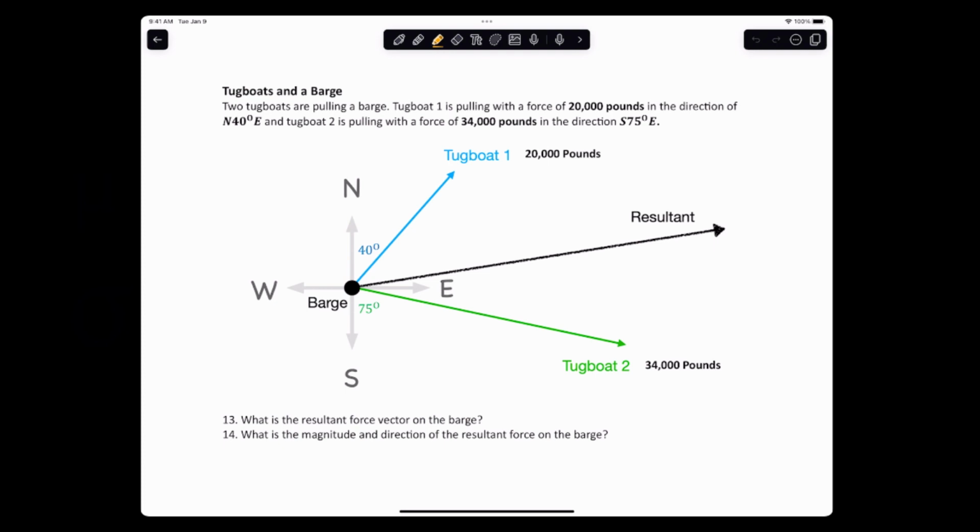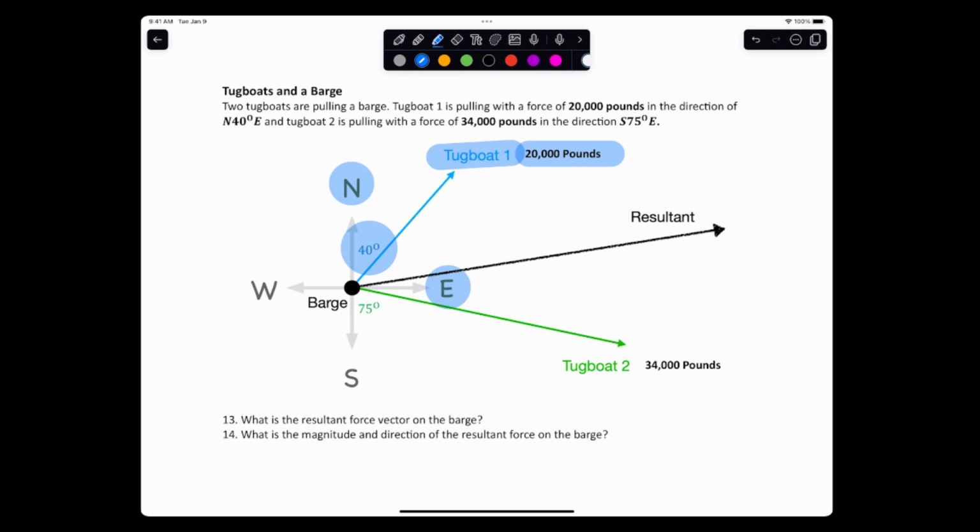Two tugboats are pulling a barge. Tugboat 1 is pulling with a force of 20,000 pounds in the direction of north 40 degrees east. So here's the vector, 20,000 pounds, north 40 degrees east. We're going to make use of that information.